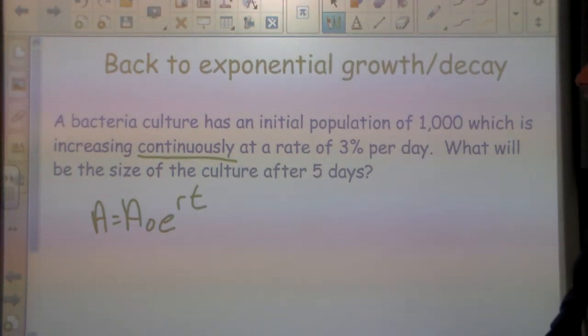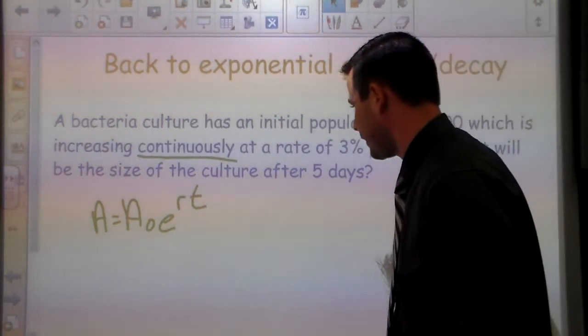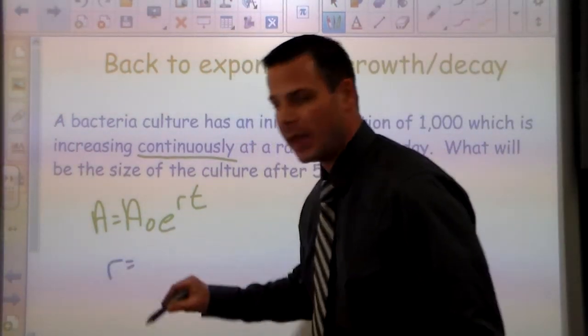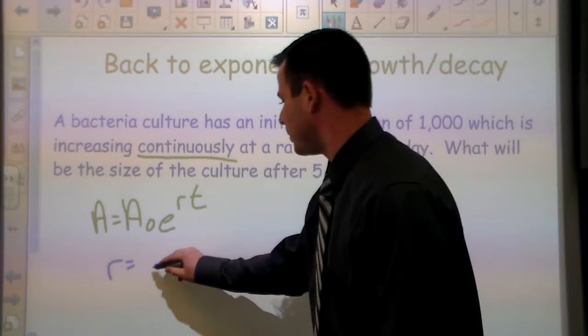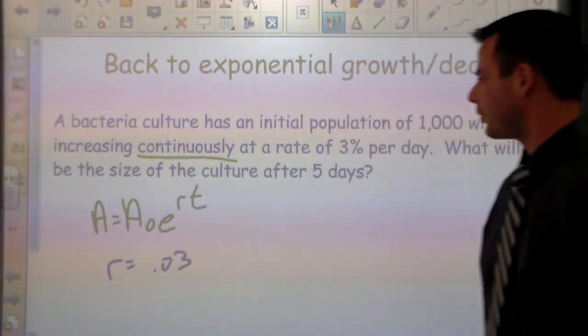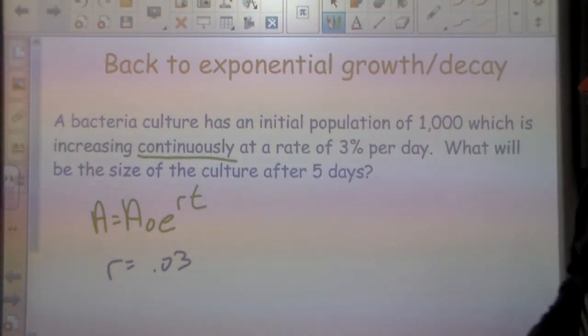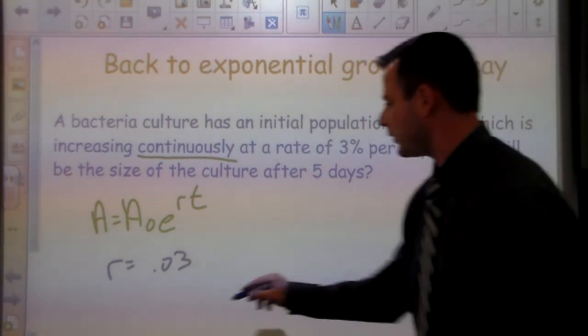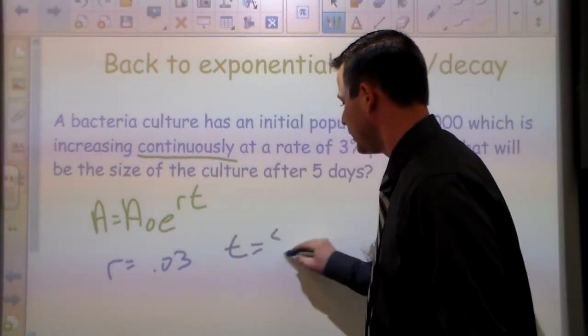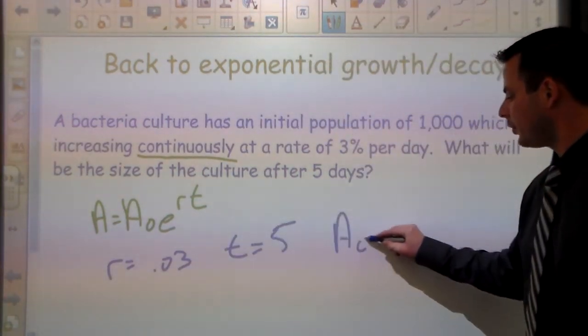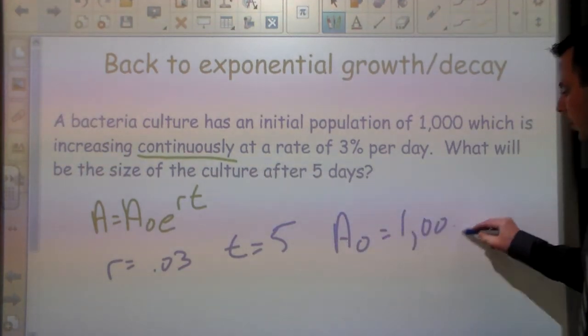It's increasing at a rate of 3% per day. Let's pull out all of the values that we have here. We have an interest rate of 3%, which is 0.03. We want to know what's the size of the culture after 5 days. So we have a value of t of 5, and we have an initial amount of 1,000.